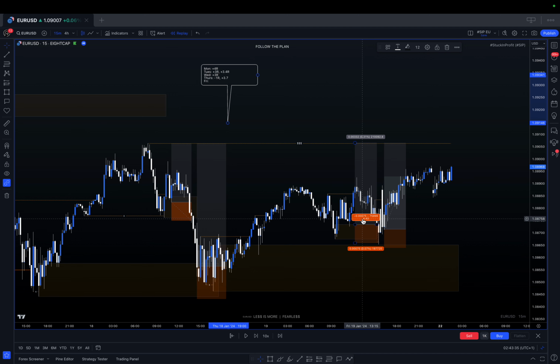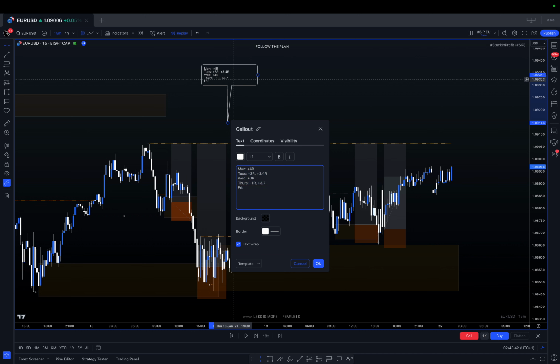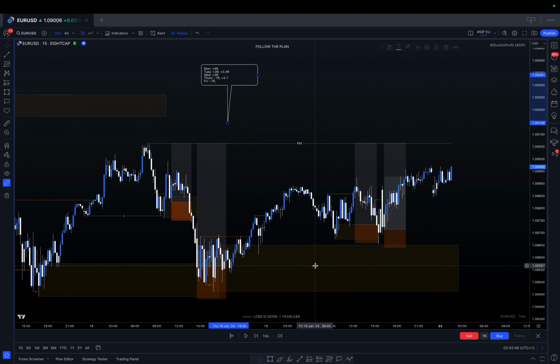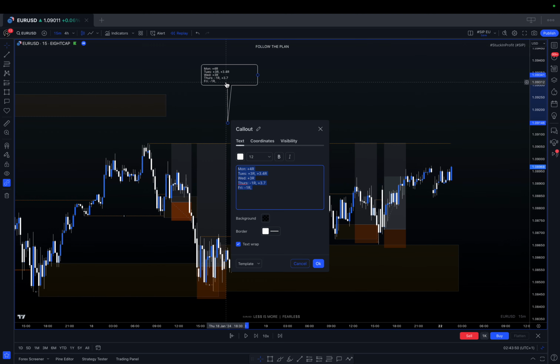Then also on Friday, we had this is -1R. Then we have plus, this is plus 4.6. We can just make it plus 5 instead of 4.6, so plus 5R. Okay, so the total RR is what?